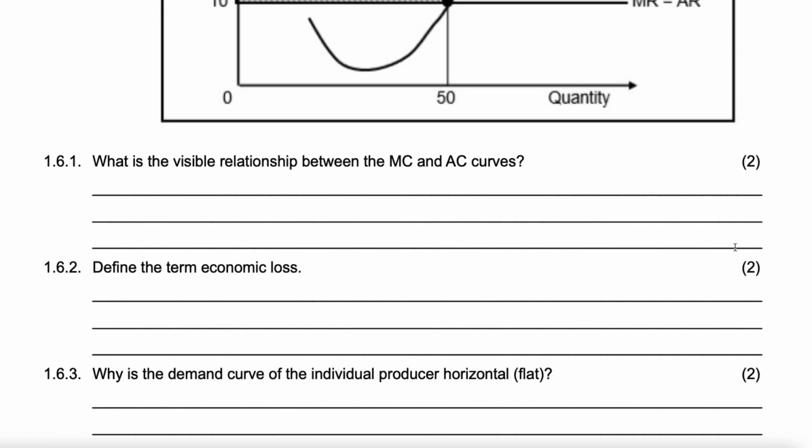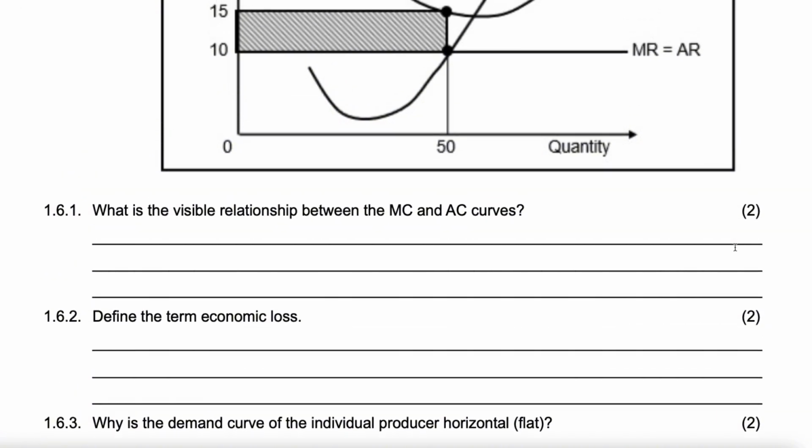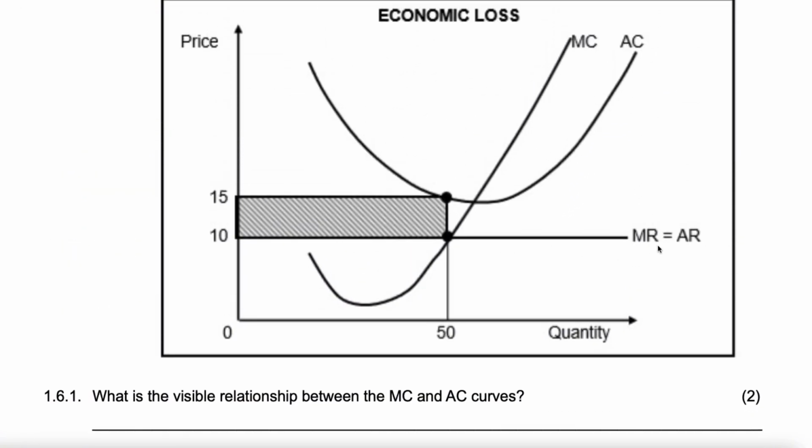Number 3, why is the demand curve horizontal or flat? Well, this is an indication that the firm is a price taker. Okay, so its demand curve is perfectly elastic. I almost said inelastic. If it was perfectly inelastic, it will be vertical. So this one is horizontal, so it indicates that it's perfectly elastic.